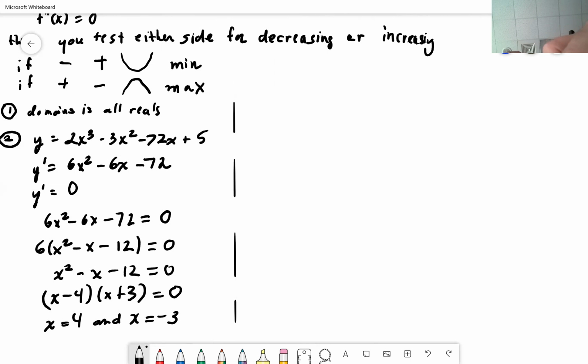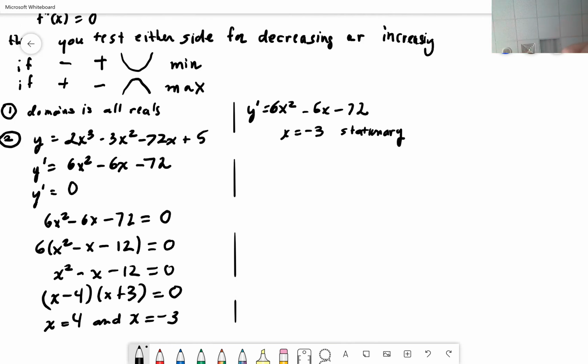I'm going to put negative 3 here and write my derivative at the top. My derivative is 6x squared minus 6x minus 72. I'm going to put a value of x there. Well, x equals negative 3 is our stationary point, right? Maybe.